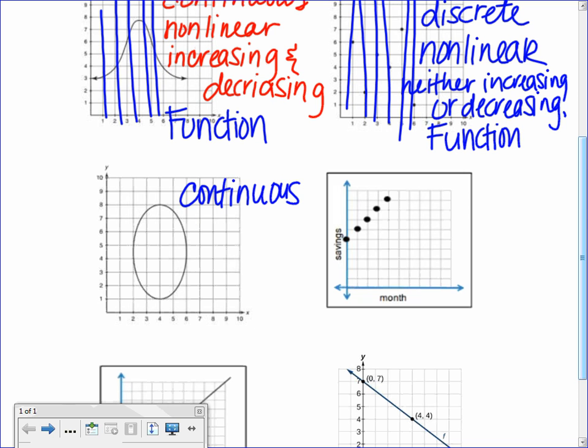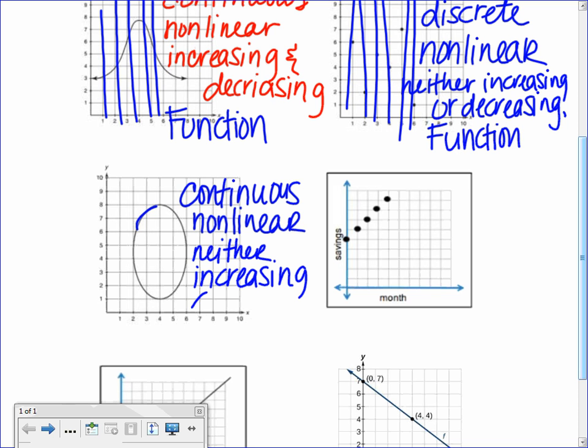I have a nonlinear graph again. And it's not really increasing or decreasing again. It's just one big circle. Can't really read it left to right and tell, are we increasing here, are we decreasing, so on and so forth. So it's neither increasing nor decreasing.